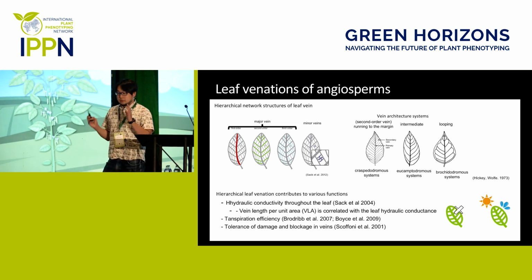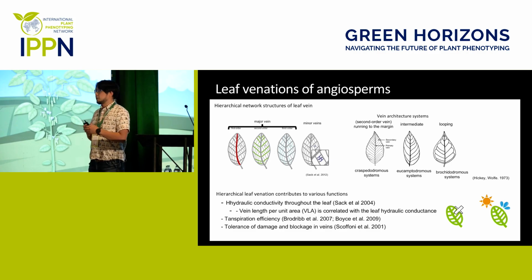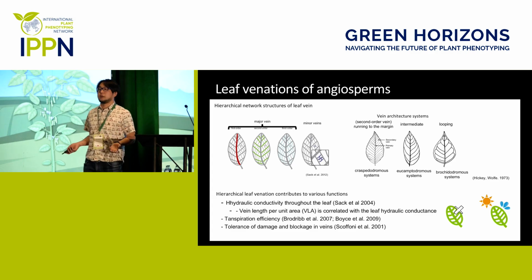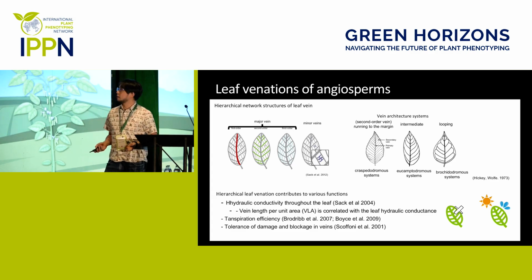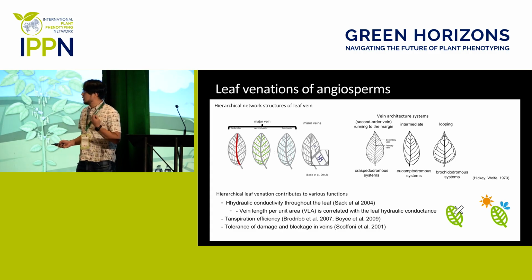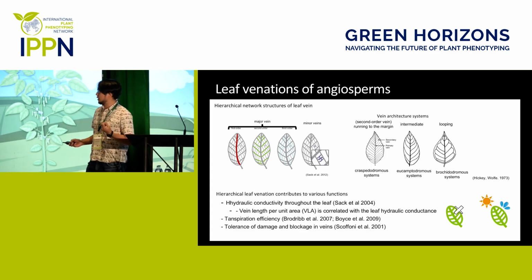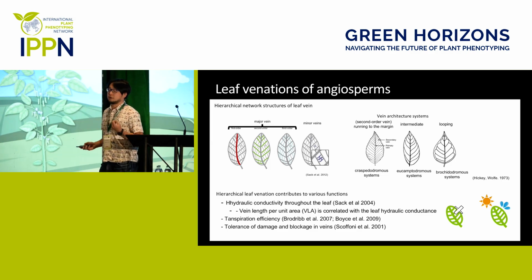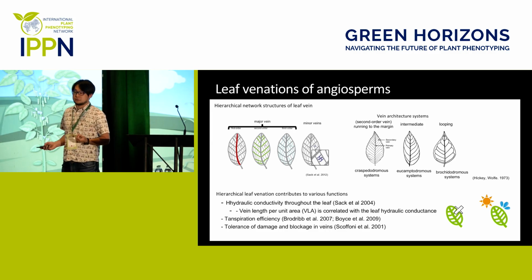And the leaf venation is the transportation network of water, nutrients, and chemical signals, right? So people believe that the leaf venation structures contribute to various types of physiological and ecological functions.